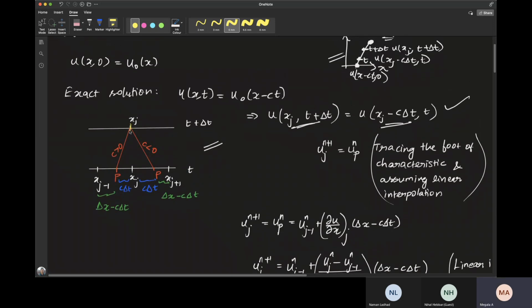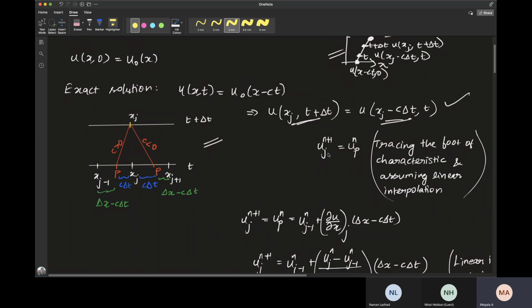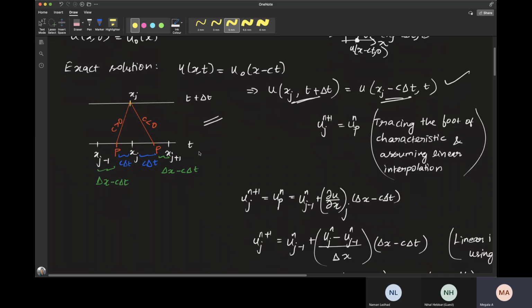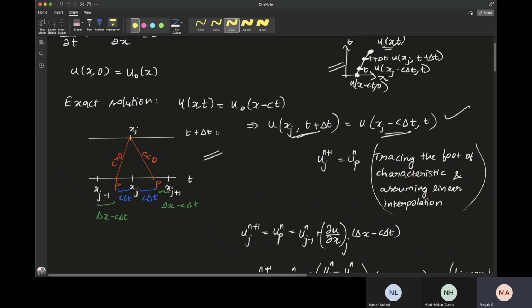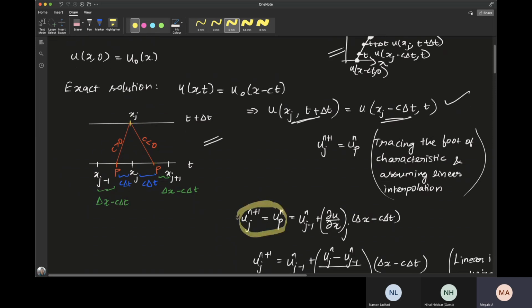Now u at xj, n plus 1 is equal to up at n, right? This is a characteristic. So u at xj, n plus 1 is equal to up at n for either of these. I'm just tracing the foot of the characteristic. This is something you know from the exact solution.